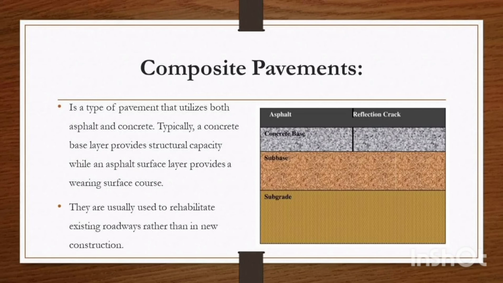Typically, a concrete base layer provides structural capacity while an asphalt surface layer provides a wearing surface course. As you can see, it is composed of subgrade, subbase, concrete base, asphalt, and the reflection of crack, because they are usually used to rehabilitate existing roadways rather than in new construction.